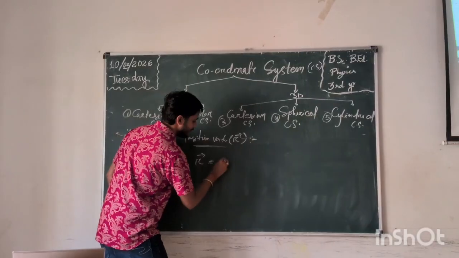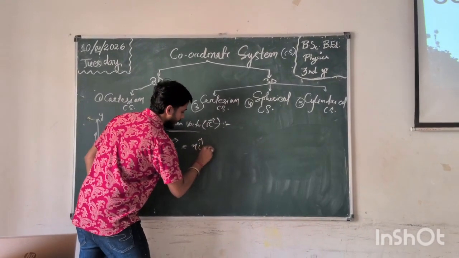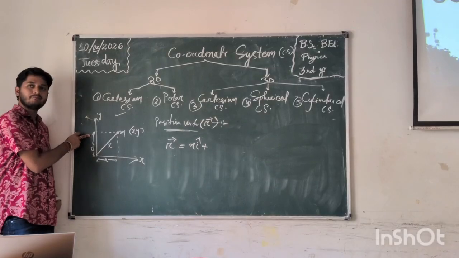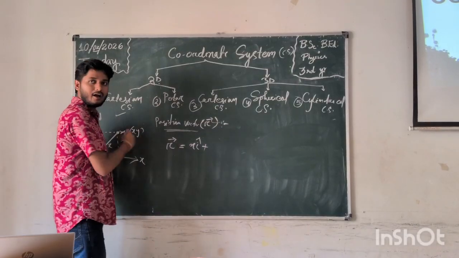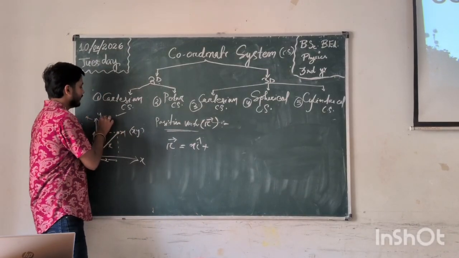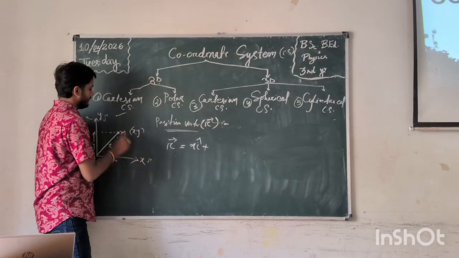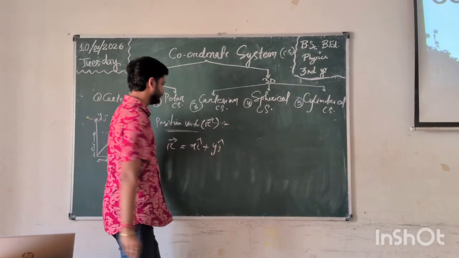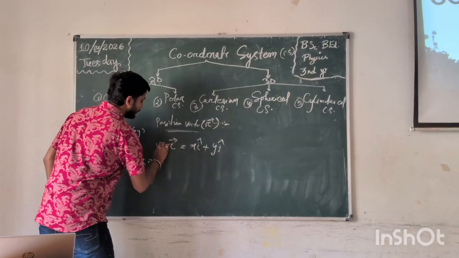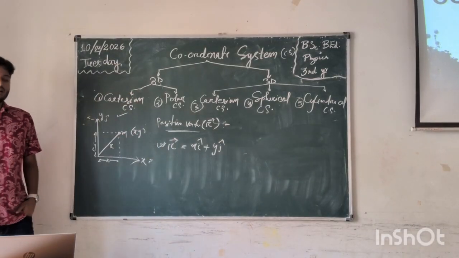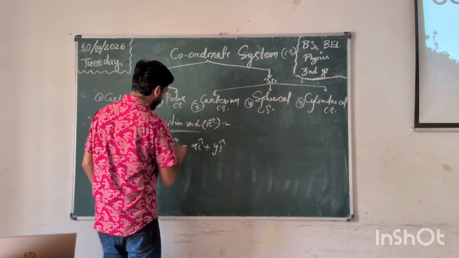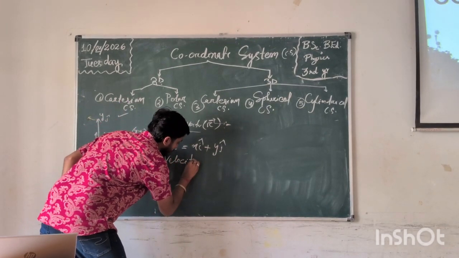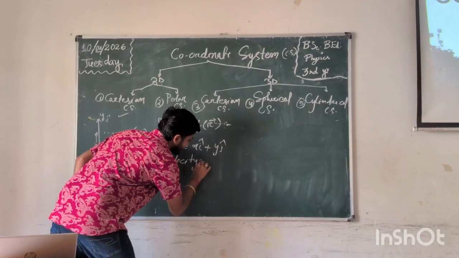So x i cap plus, in the y-axis, the magnitude is y and the direction is j cap. Here i cap, here j cap. So r = x i cap + y j cap. In 2D we got the position vector. Then we have to write the expression for velocity. So what is the expression for velocity?